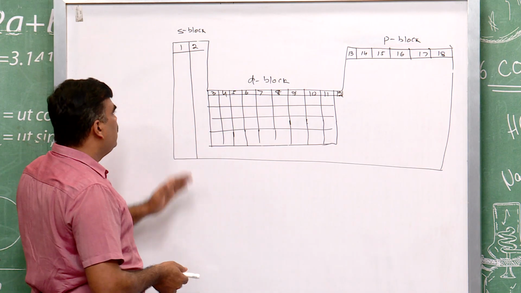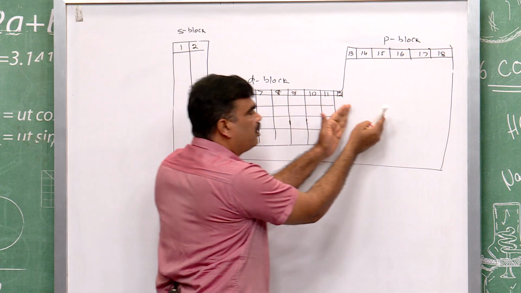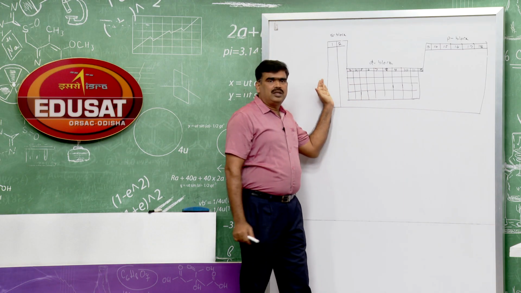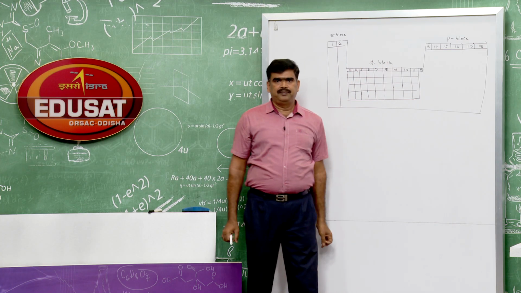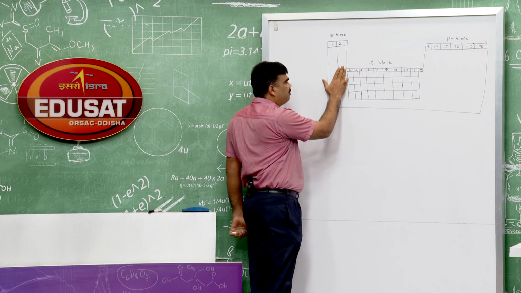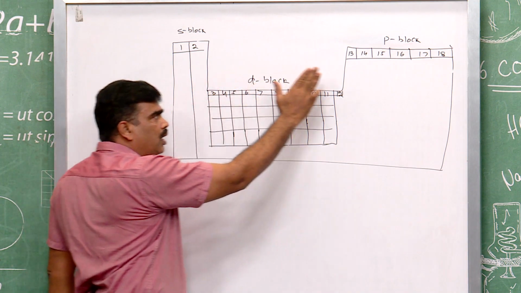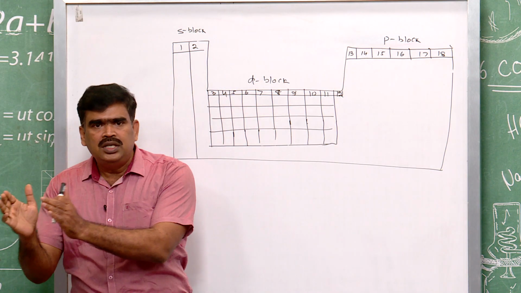Number 1, their position is in between the S block and P block, electropositive and electronegative, meaning the properties are almost intermediate. Transition means a change. When you move from electropositive elements to electronegative elements, you must see some change in properties.